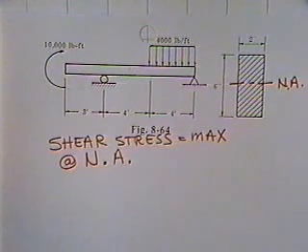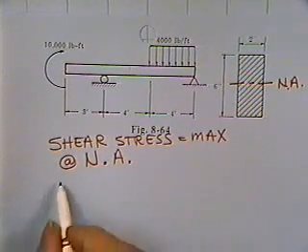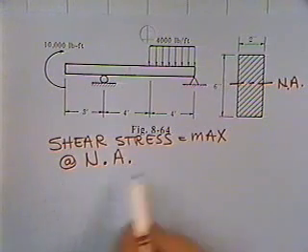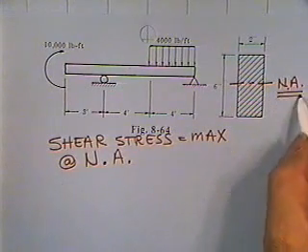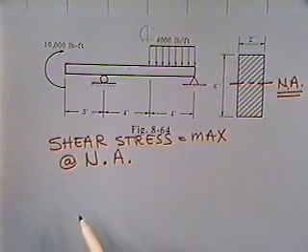The only thing in a glue-lam beam, every line of glue is a line of interest. And so in a glue-lam beam, they may indeed ask you for the shearing stresses up in the air like we just solved on page 25. But most often you'll find the most important shear stress is at the neutral axis for a rectangle.